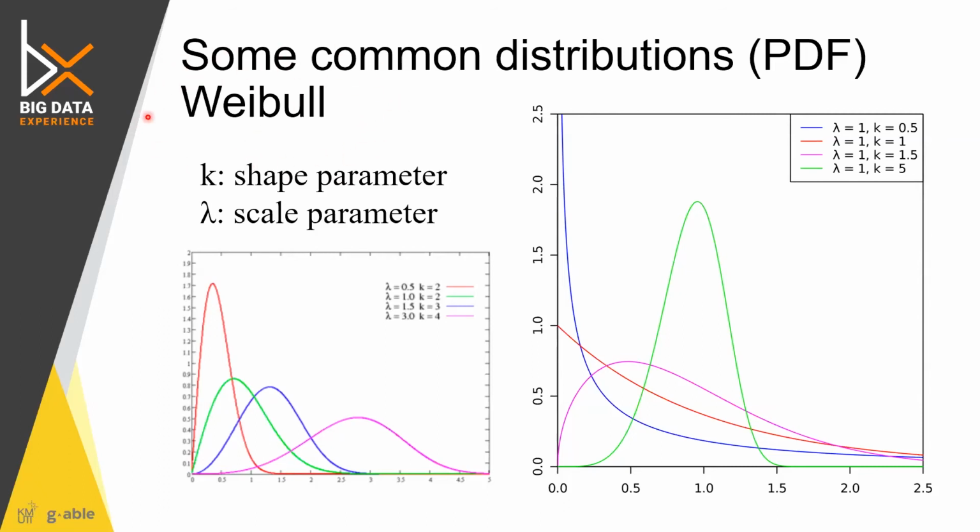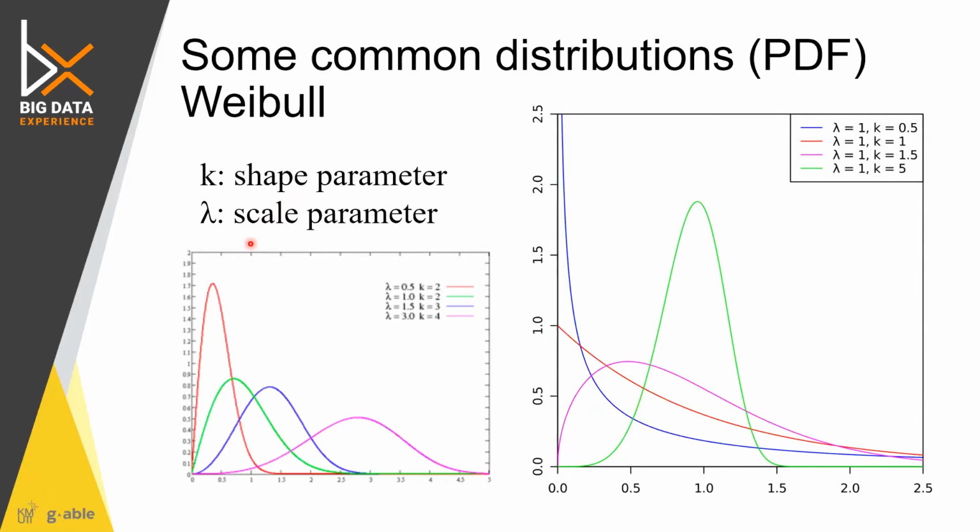Right? The Weibull distribution also contains two parameters, very similar to the gamma distribution. The first one is the shape parameter, and the second one, lambda here, is the scale parameter. So instead of theta, now we have lambda as scale, and the shape parameter controlling the shape of the distribution.